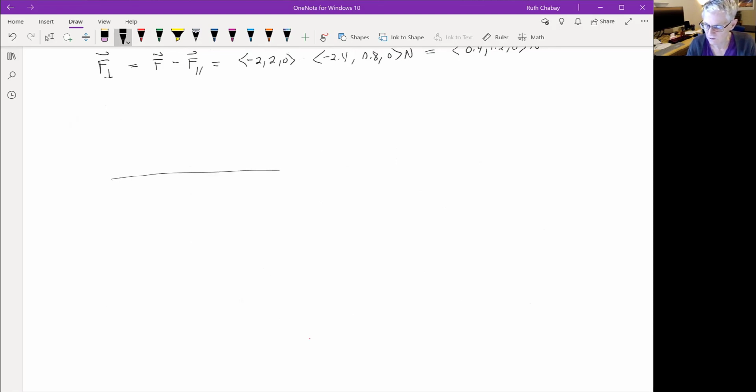I don't really need axes actually. So here is our momentum. And here is the force that we're applying on the object at this instant.